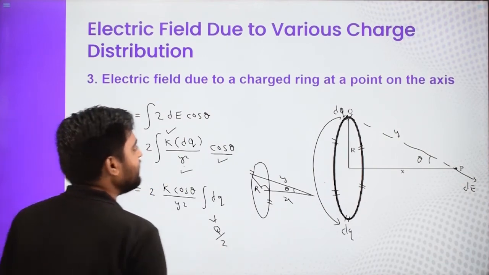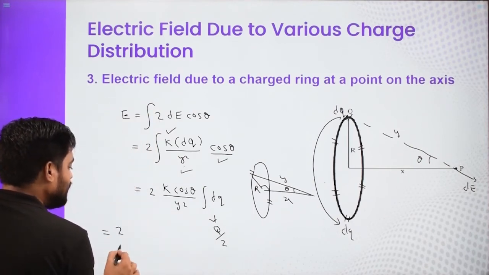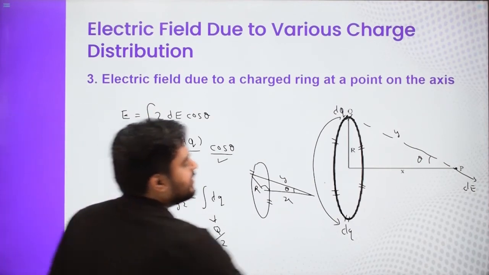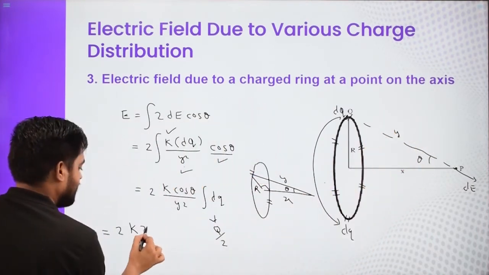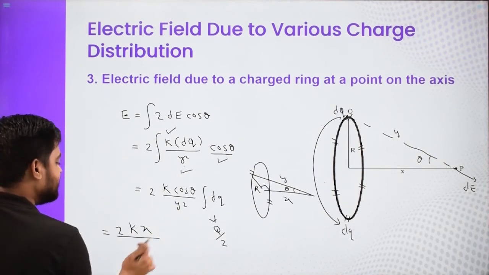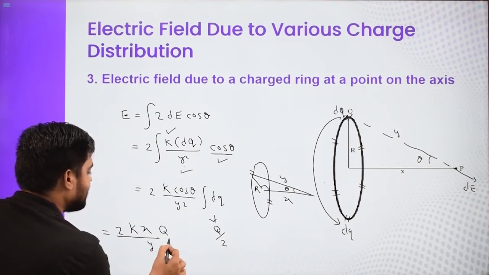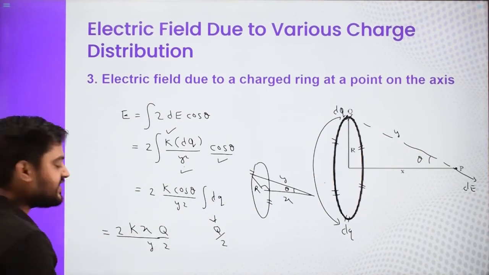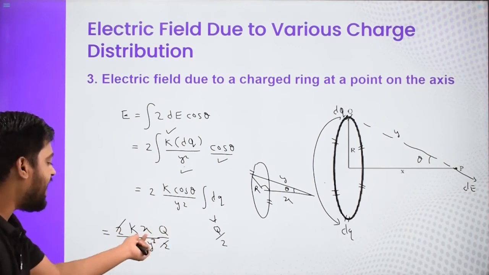So what does our final formula become? 2k. What is cos theta? Cos theta is basically x by y, and this is our integration of dq, which is q by 2, and there is already a y square, so it makes it y cube. This 2 is gone, so it is kqx by y cube.